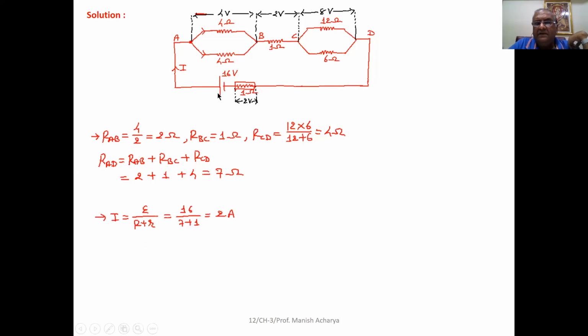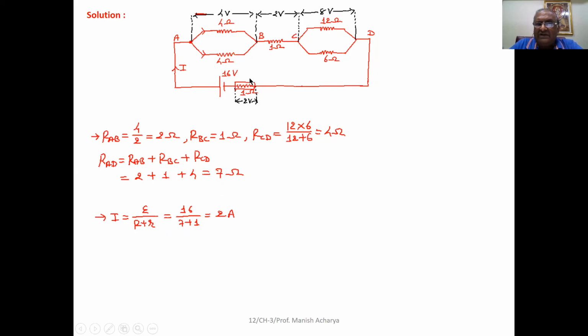Now, the current supplied by the battery of 16 volt to the network, that is I equal to E upon R plus r. As per that equation, E, that is 16 volt, is given to you, capital R, that is the equivalent resistance of the network between A and D, and that we calculated as 7.